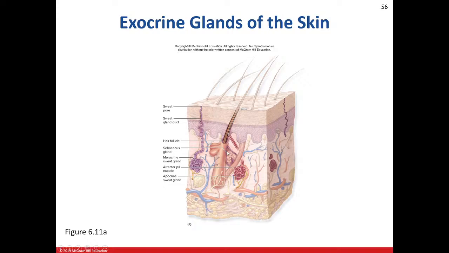Apocrine and sebaceous glands are associated with hair follicles. And lastly, sebaceous glands are not sweat glands. Okay? Apocrine and merocrine are sweat glands. The sebaceous gland is not. All right. And the sebaceous gland will be found anywhere there's a hair follicle.